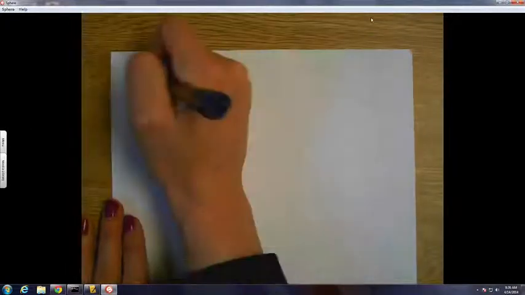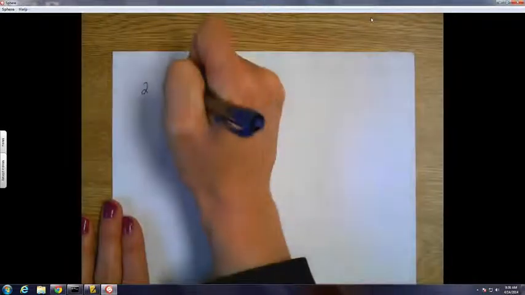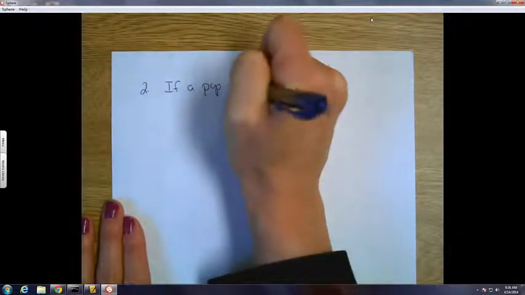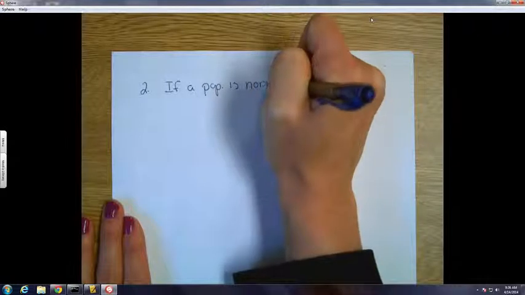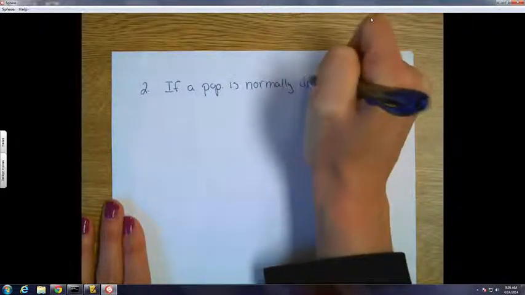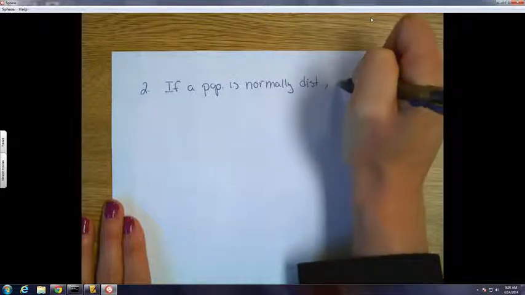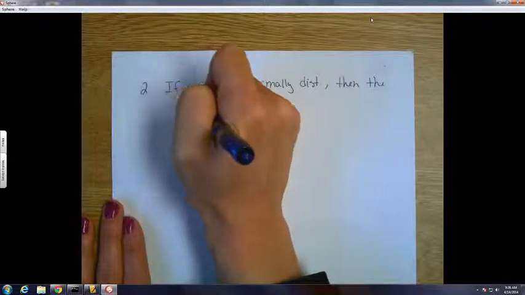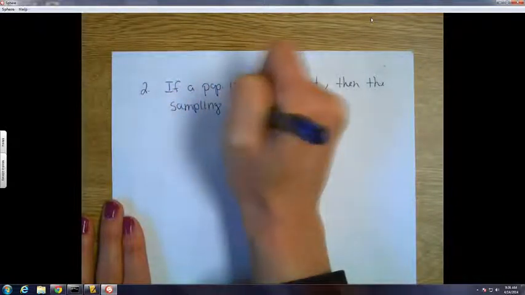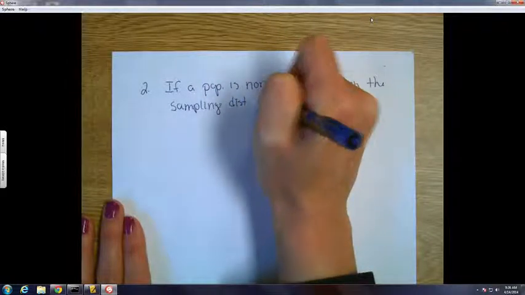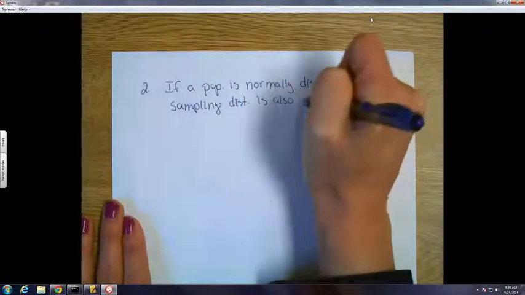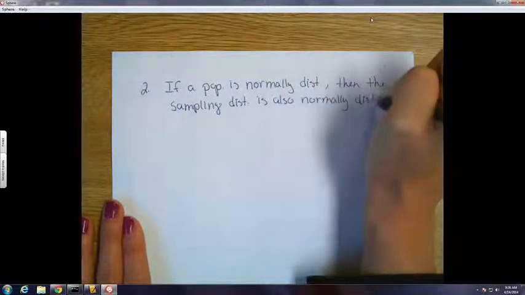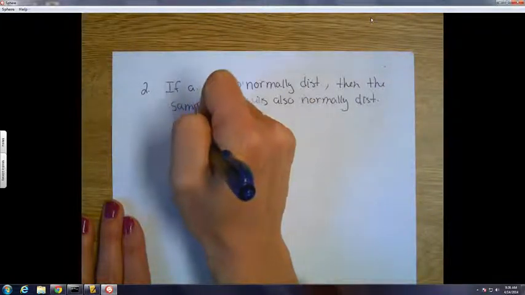And the second part of the central limit theorem says, if a population is normally distributed, then the sampling distribution is also normally distributed for any sample size.